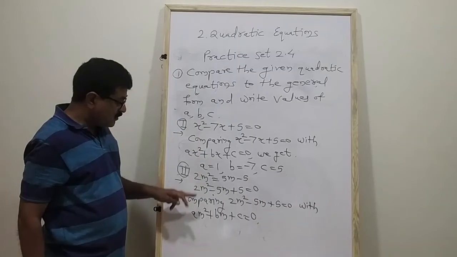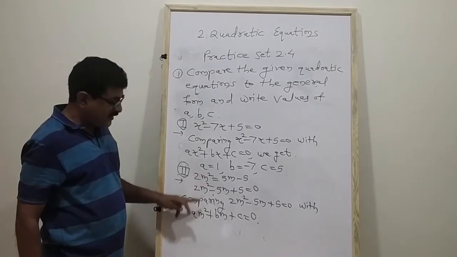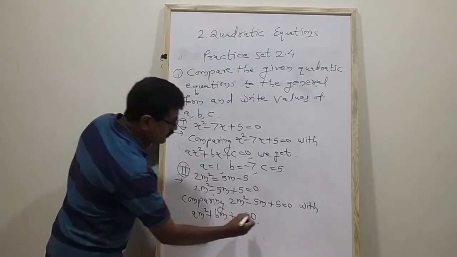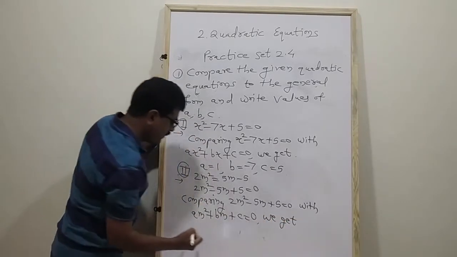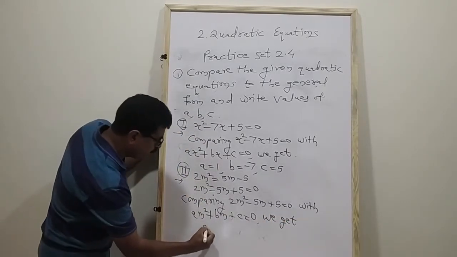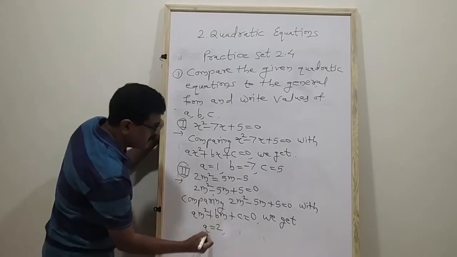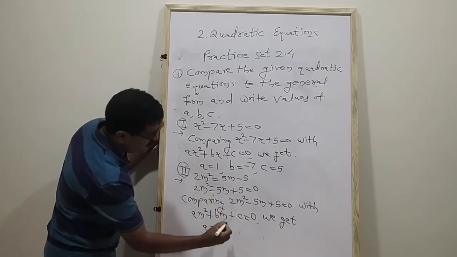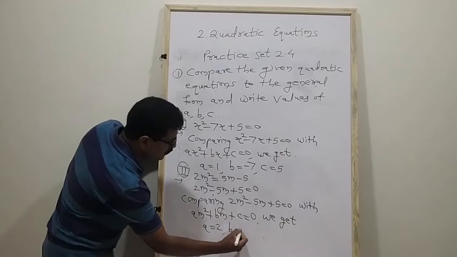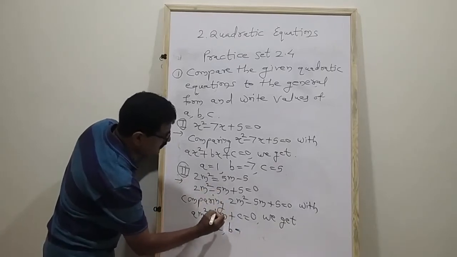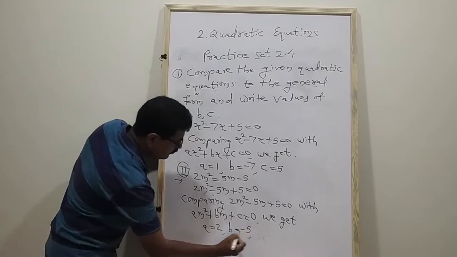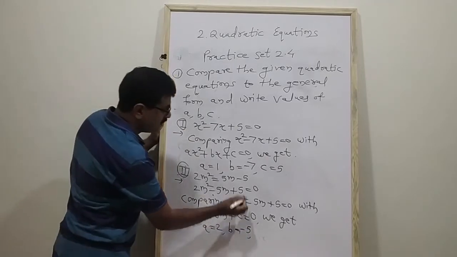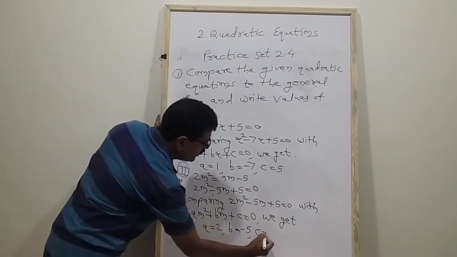Comparing coefficients of m square, that is a, we get a is equal to 2. Comparing coefficient of m, that is b is equal to minus 5, and constant term c is equal to 5.